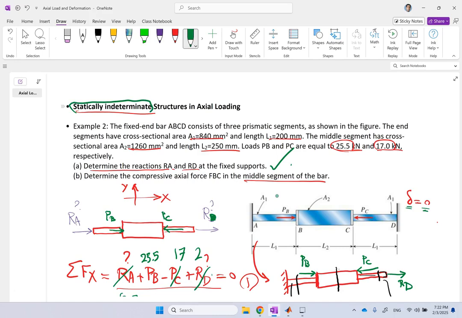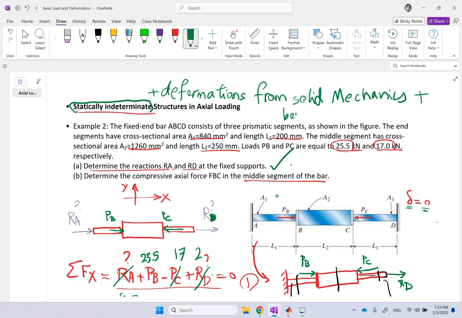So when a problem is statically indeterminate, we have to use solid mechanics, and we use the deformations information from solid mechanics and look at the boundary condition, see which ones can move, which one cannot, how much they can move. So plus boundary conditions, then you can solve them.